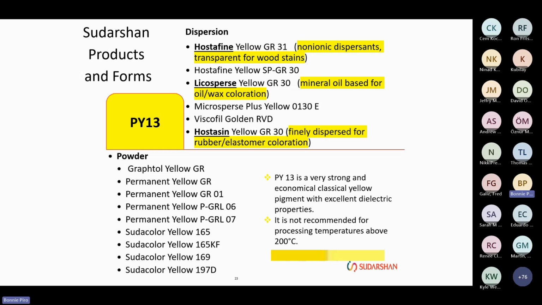And then lastly, Hostacin is a finely dispersed preparation for the coloration of rubber and other elastomer type products. So a number of different products are available in this. We do see some application in plastics. However, again, that processing temperature needs to be considered as you select a pigment.